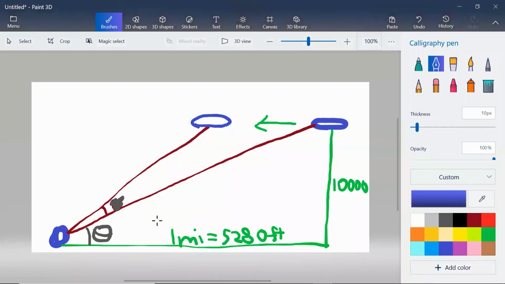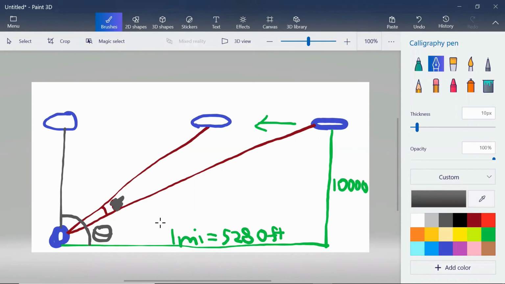If the plane is immediately overhead up there, then what's happening is that this angle theta is actually a 90-degree angle, all right? Now, again, we're using radians on my calculator, so 90 degrees is the same as pi over 2 in radians.